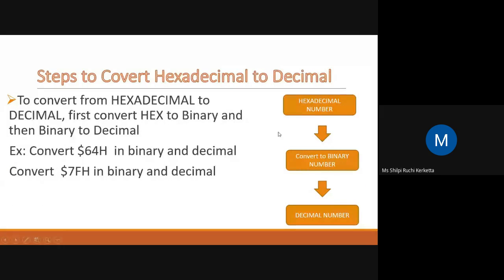First we will convert hexadecimal to a binary number. If it directly comes in the exam, like convert this hexadecimal number to a decimal number, first you convert it to a binary number, then from the binary number you convert it to a decimal number. So we will convert this 64H to a decimal number.